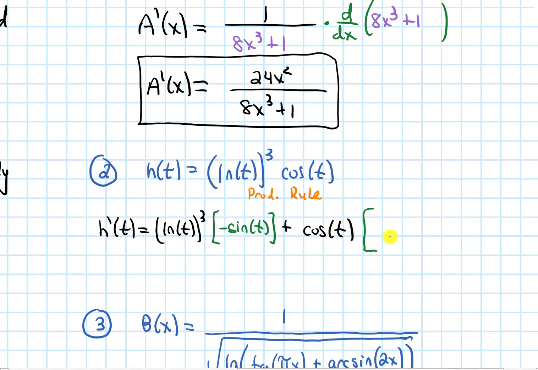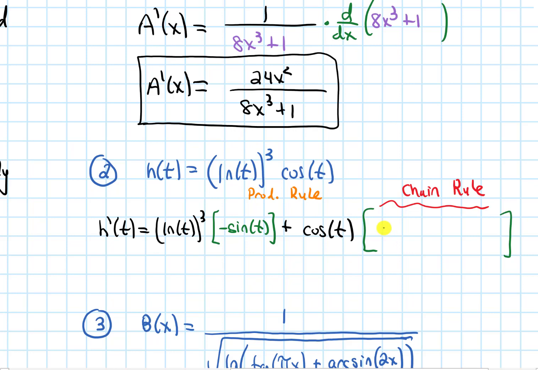So I'm going to leave myself a lot of room, intentionally. For the derivative of the first, it's not just t cubed, it's some stuff being cubed. So this whole thing is going to involve the chain rule, for the derivative of the quantity ln of t being cubed. The chain rule says, first deal with the outside thing, this power.